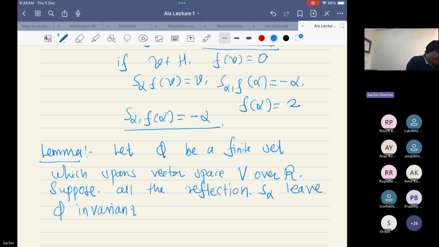Note that phi is a finite set which spans the vector space V over R, so V is a finite dimensional vector space.